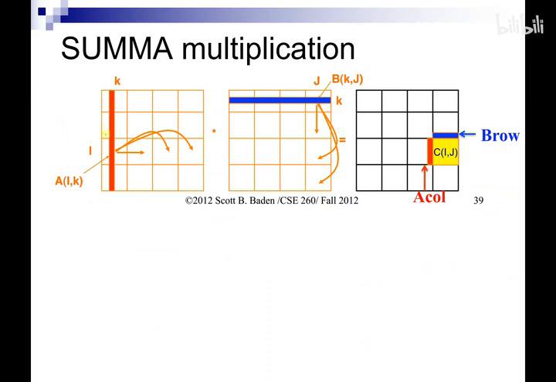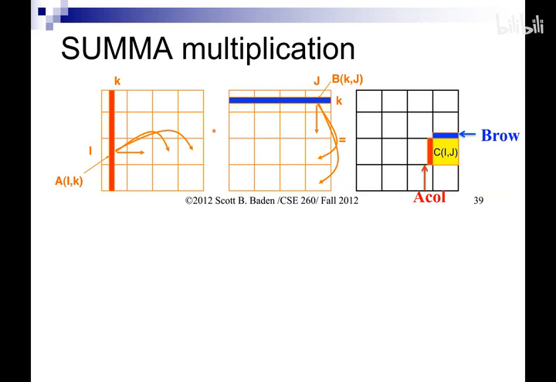We're going to assume this sort of grid layout for the processors. This is not necessarily a square grid anymore, because in Summa it's actually possible to deal with non-square matrices. But in this example, I'm still going to show a square grid of processors.